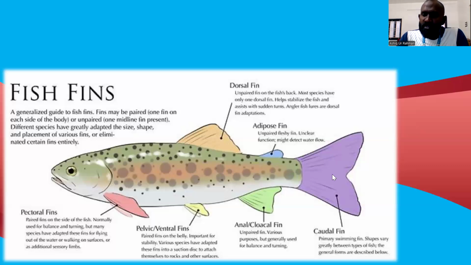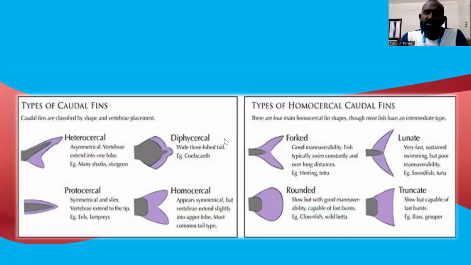Caudal fins are different for different species. As we can see in the first picture, there are four types of caudal fins. It is named heterocercal, which means both lobes are different. If we take a typical fish caudal fin, we see there are two lobes.